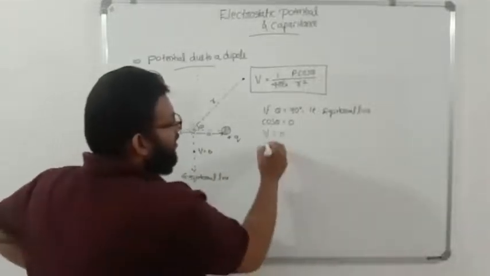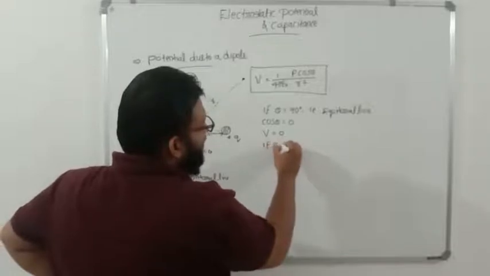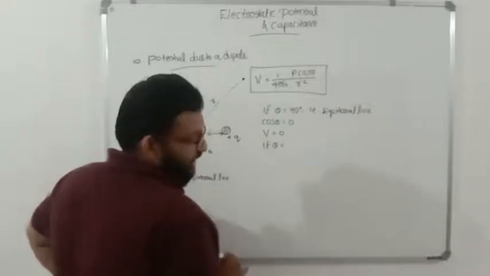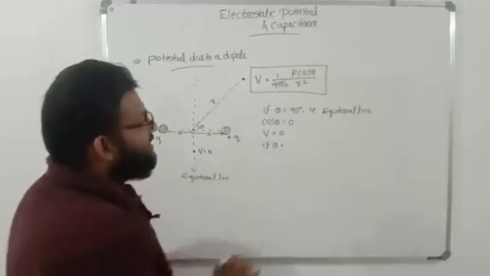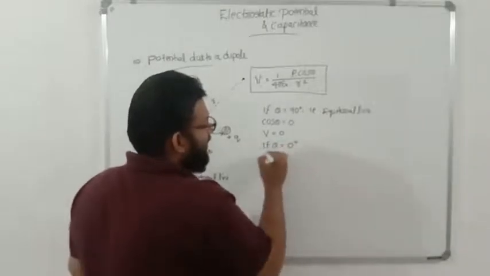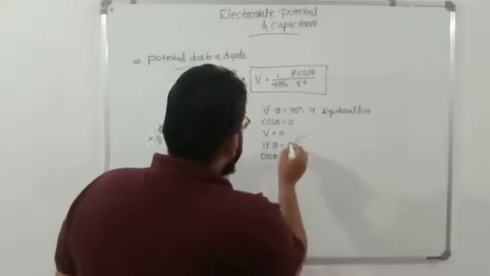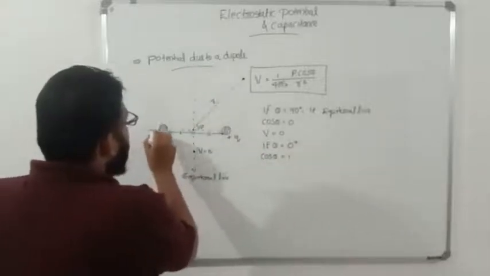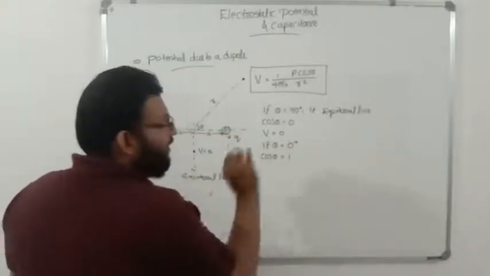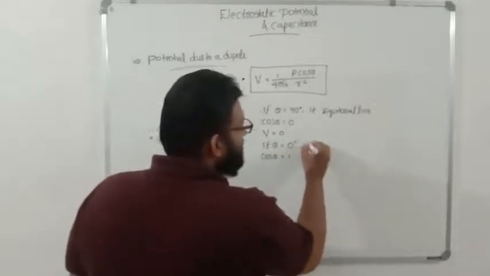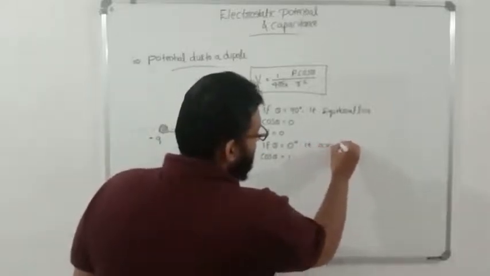Now if theta is equal to 0 degrees, then cos theta will be 1. If theta is equal to 0, we will have this line. What do we call that? We can simply call it the axial line.